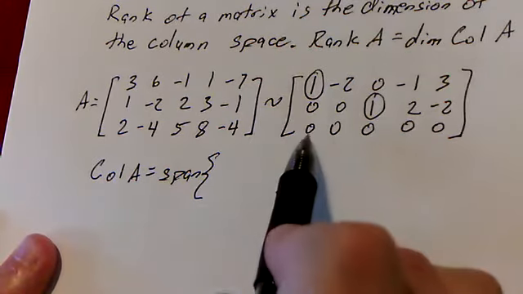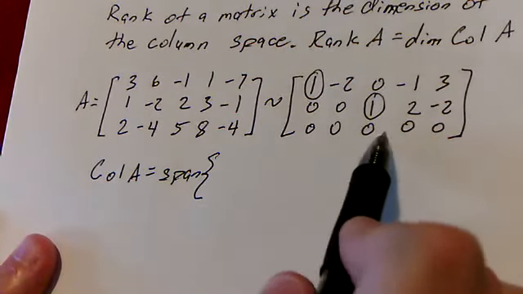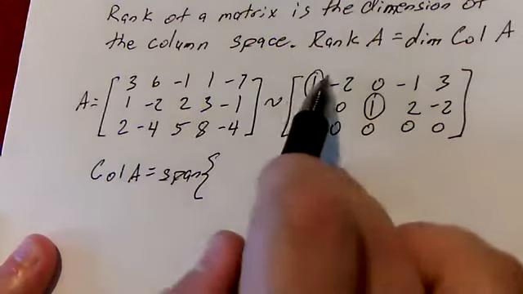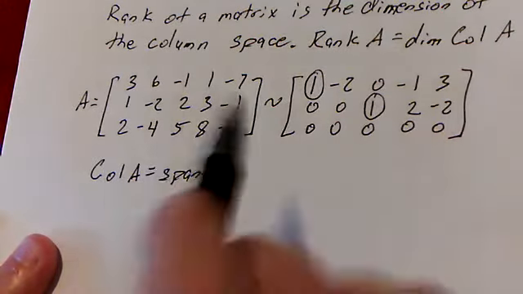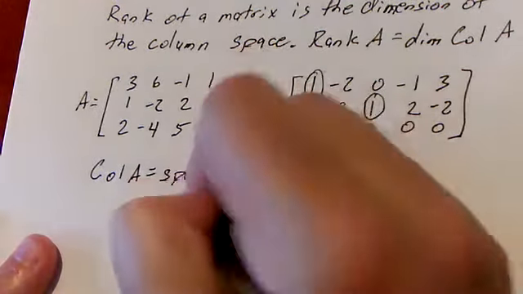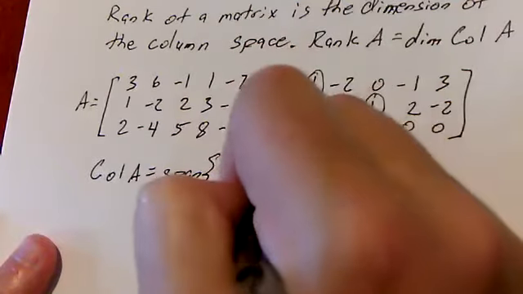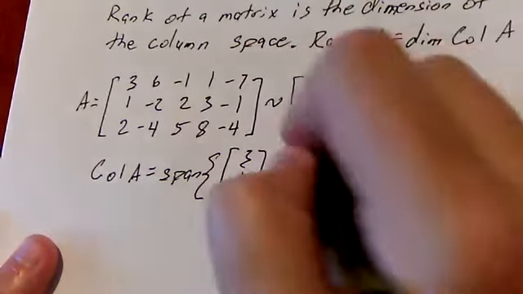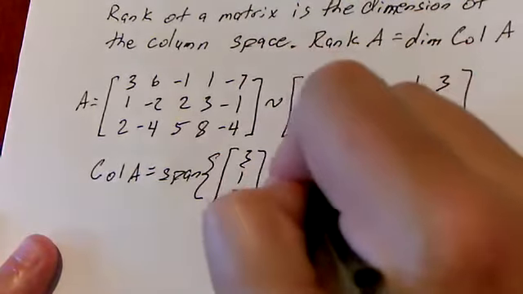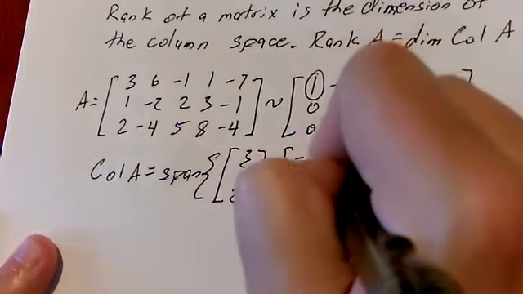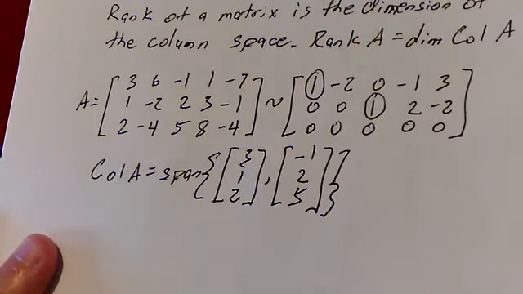Remember, don't take them from the reduced matrix, take them from the original. So my first vector is 3, 1, 2, and my second vector is negative 1, 2, 5.